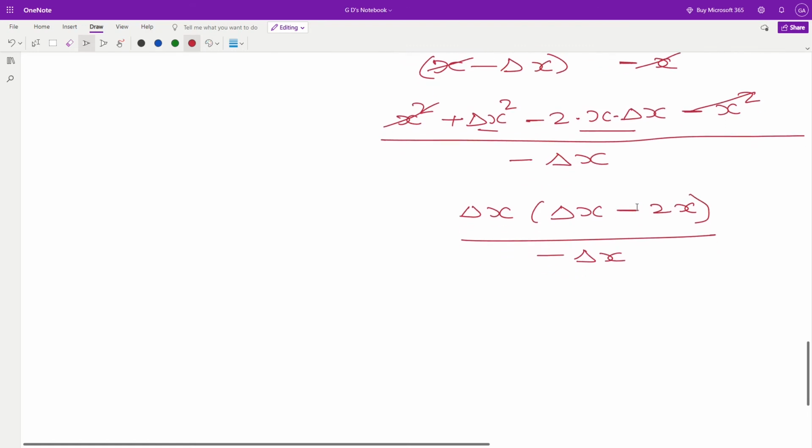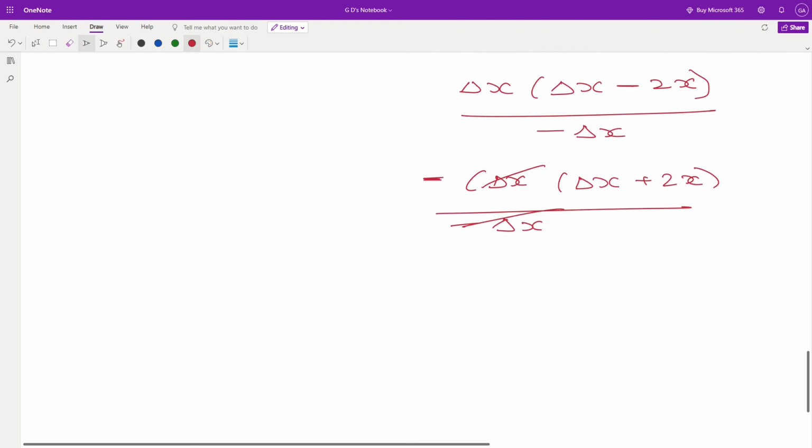Obviously I want to apply the minus here, so I multiply by minus, and then it becomes (delta x plus 2x) divided by minus delta x. I'm just taking this minus outside. Obviously delta x and delta x will cancel, and you'll be left with delta x plus 2x.